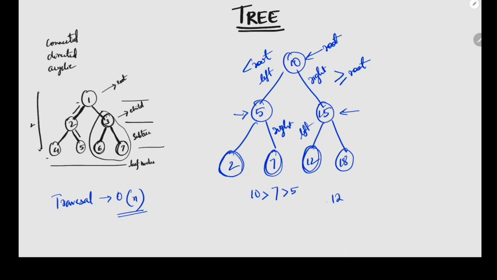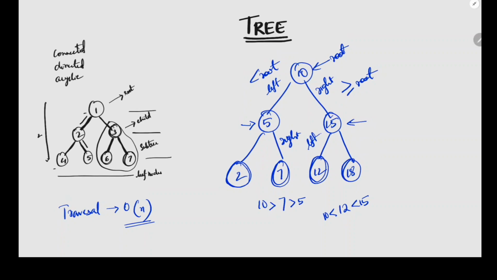So 12 is greater than 10, however less than 15. Whereas if you look at the right node, that should be both greater than 15 as well as the root node. So the rightmost node in the tree will be the greatest value in the tree, and the leftmost value in the tree will be the least value in the tree. These are the basic properties of a binary search tree.